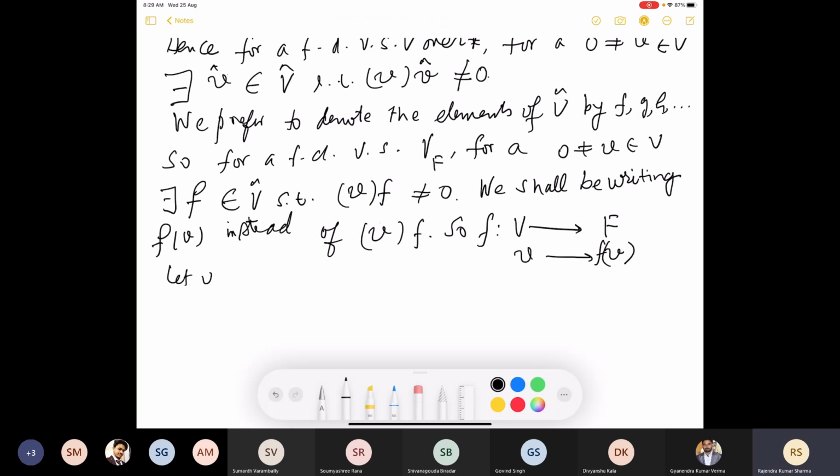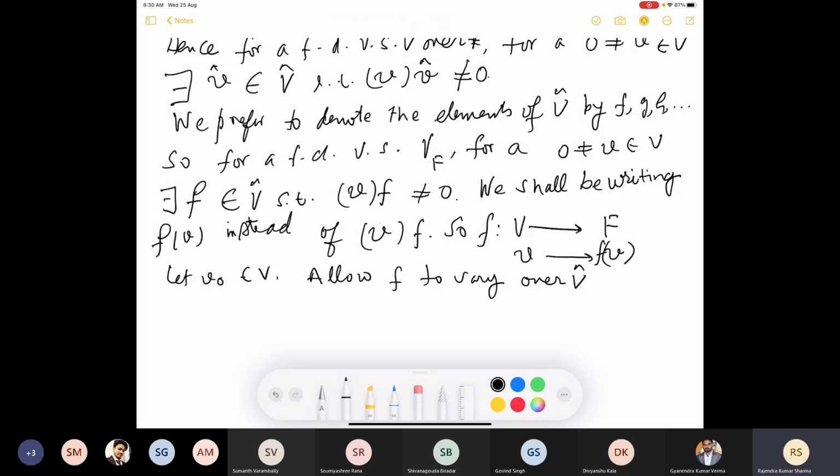Now let us take v naught in V, a fixed element, and allow f to vary over v hat. So f, g, h like that. Corresponding to this, we shall have f(v naught), g(v naught), and so on.